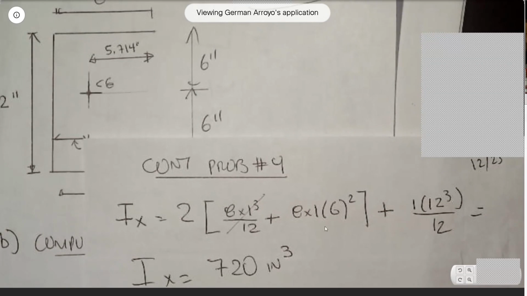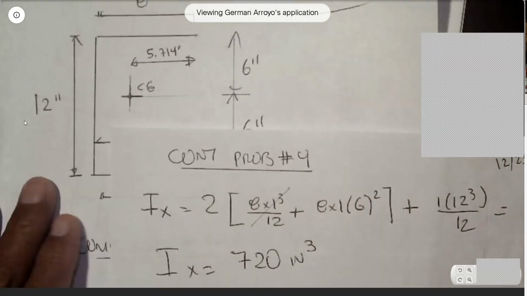So this is the area times the distance squared, times 2. This is the moment of inertia of this line about its own central axis plus the area times distance squared. I'm moving the moment of inertia to this line. There are two of them. This line is 12 inches.